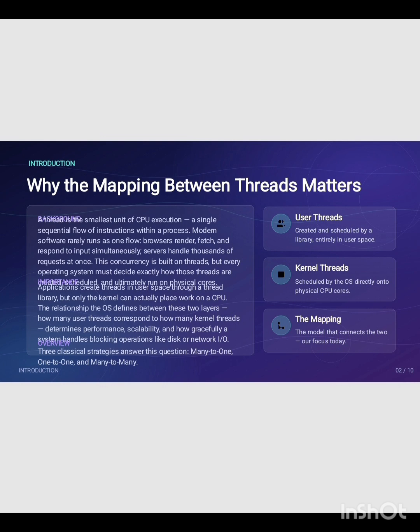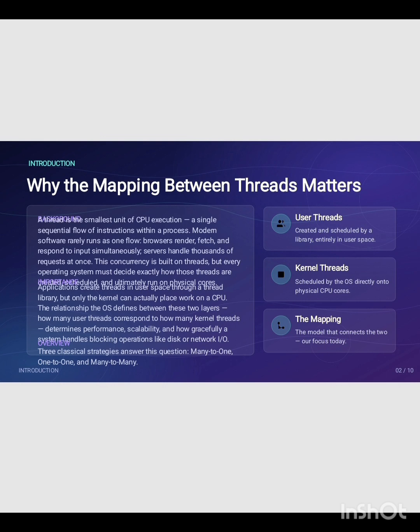Servers handle thousands of requests at once. This concurrency is built on threads, but every operating system must decide exactly how those threads are created, scheduled, and ultimately run on a physical core.